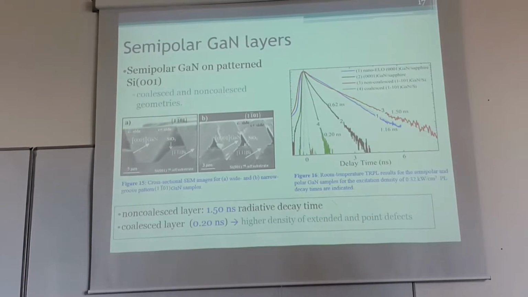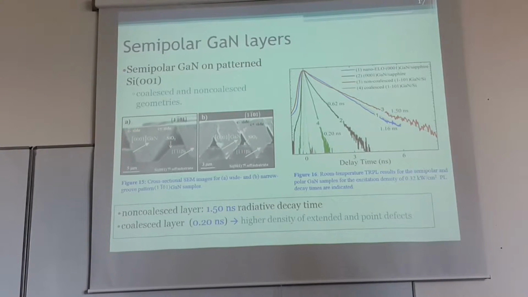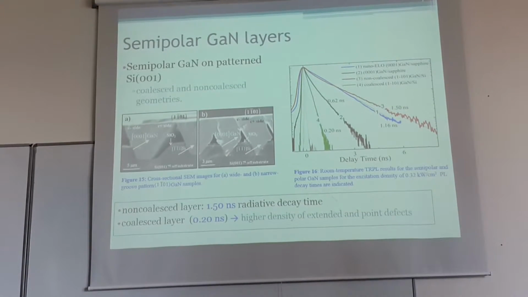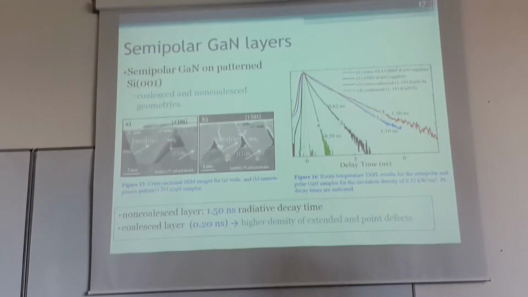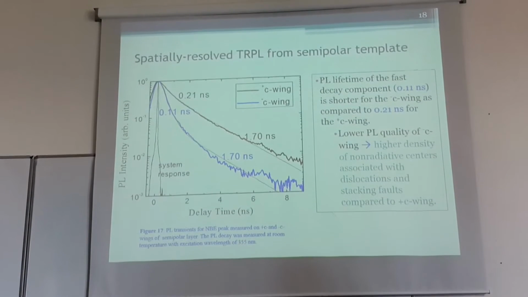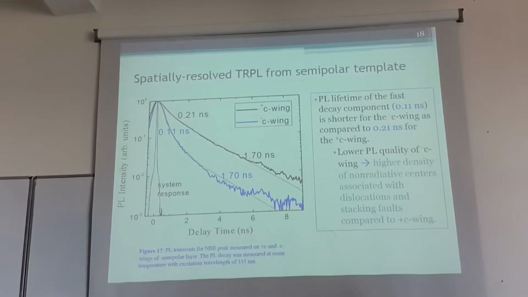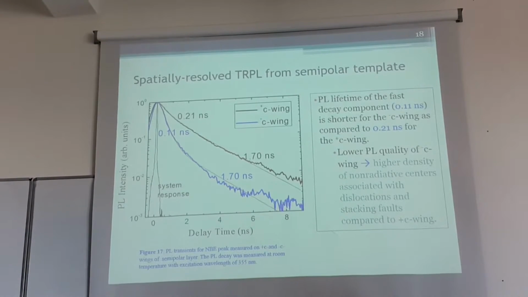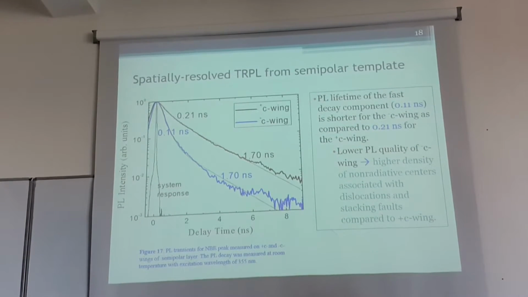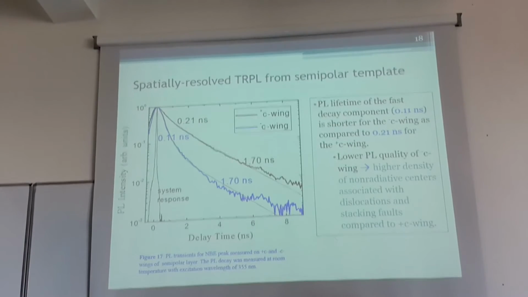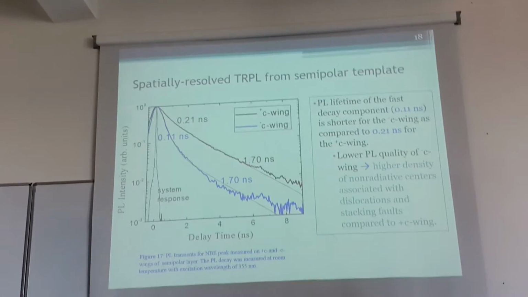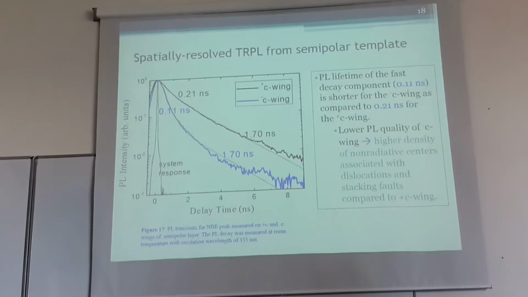So we want to investigate the spatial quality of these layers. And we used micro-PL, which has about a 2 micrometer spot size, to see which layer has better efficiency.